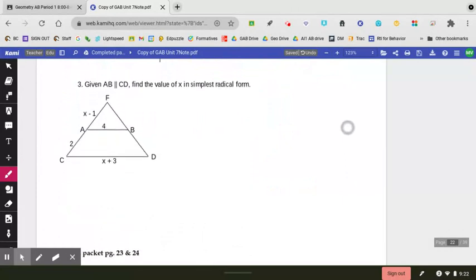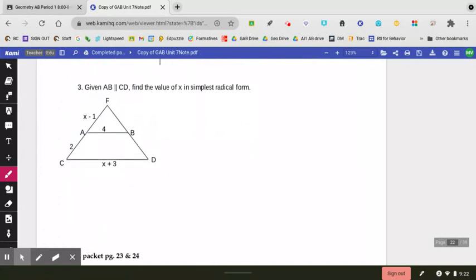Okay, so now our last question is, given AB is parallel to CD, find the value of x in simplest radical form. So this is review. If those two lines are parallel, that means that these angles are congruent and these angles are congruent.